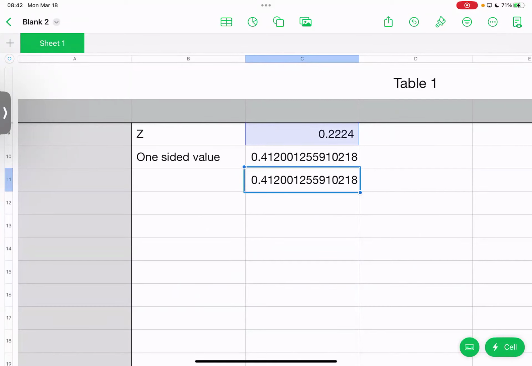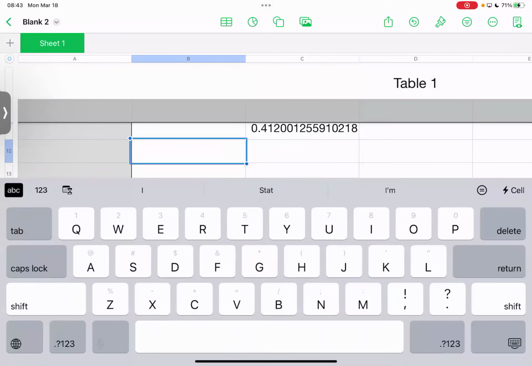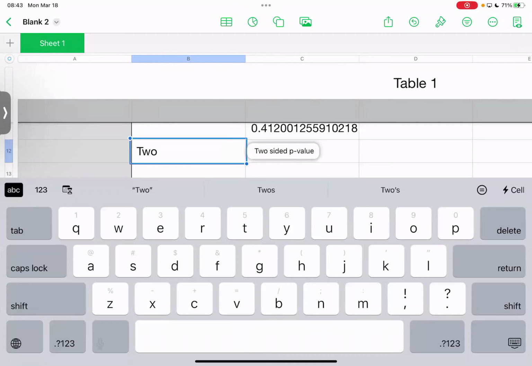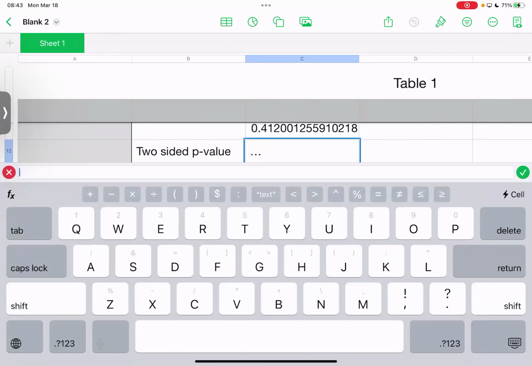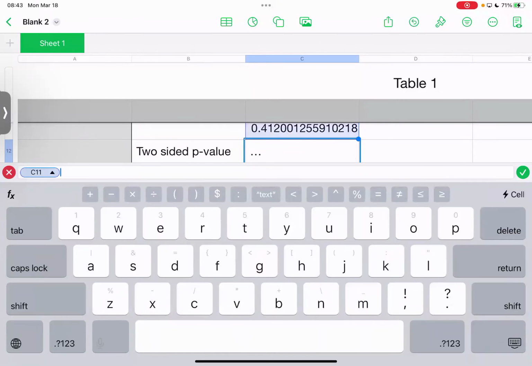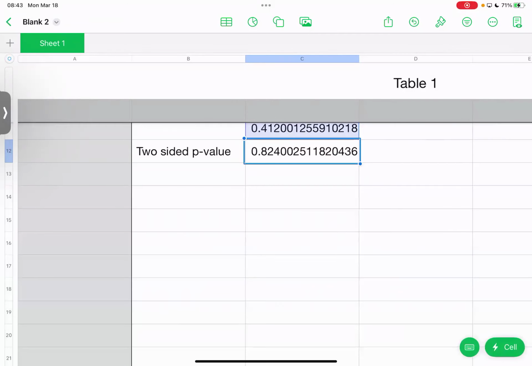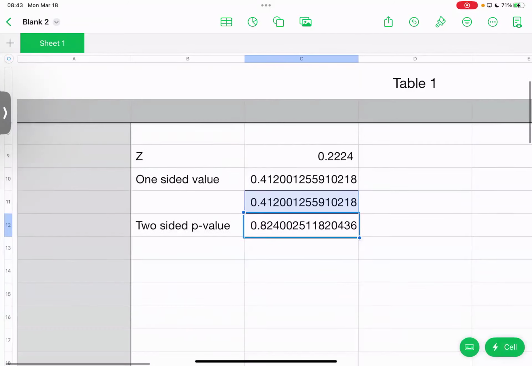This is just the area in one of the tails, but you want the area in both tails. It's only going to go into one of the tails always, so then it's your job to remember to multiply it by 2. So then this times 2. I get a massive p-value.